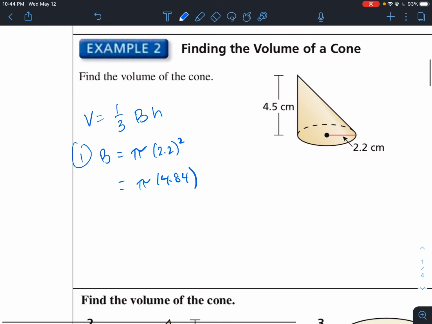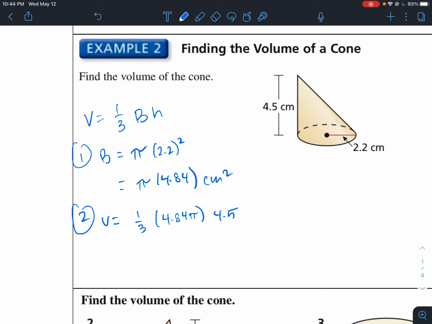Okay, so that's the area of the base, in centimeters squared. So our volume is equal to 1/3 times 4.84 pi times the height of our cone, which is 4.5.